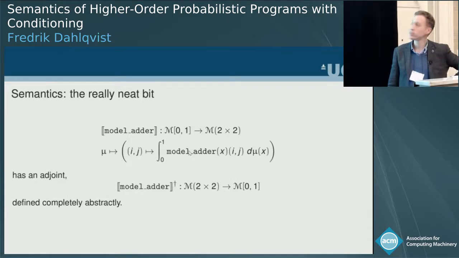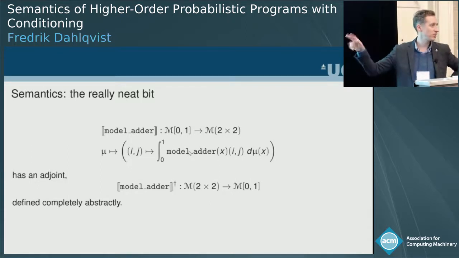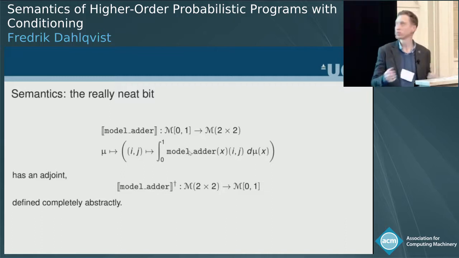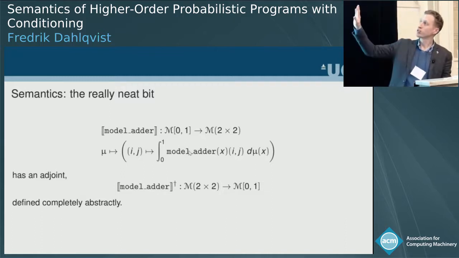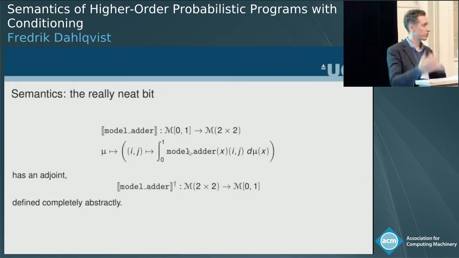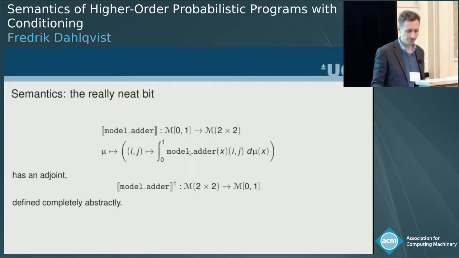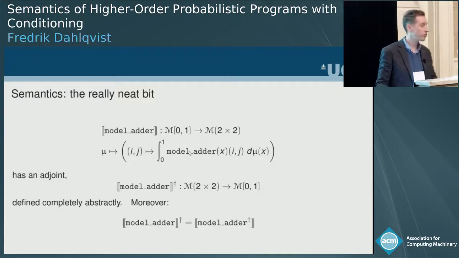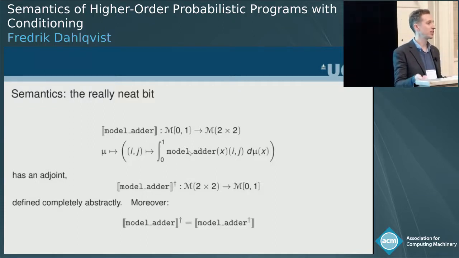Now, the really neat bit is this: in our semantics, in our mathematical universe, the operator model adder, which models the generative model, has a completely abstractly defined adjoint which works in the opposite direction, okay? And moreover, this completely abstractly defined operator that works in the opposite direction is precisely the denotation of the gadget I'm looking for.